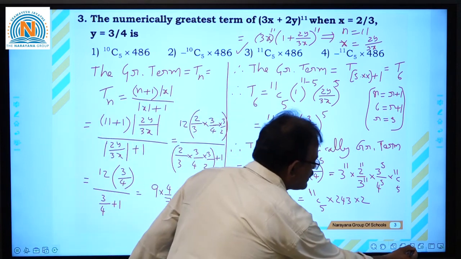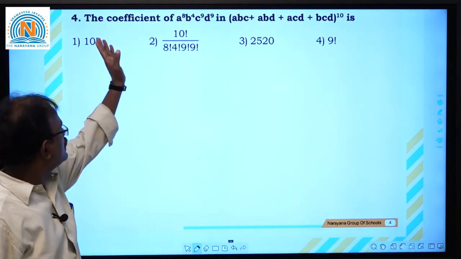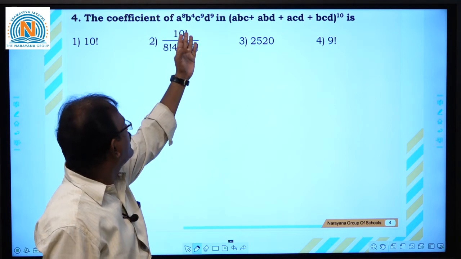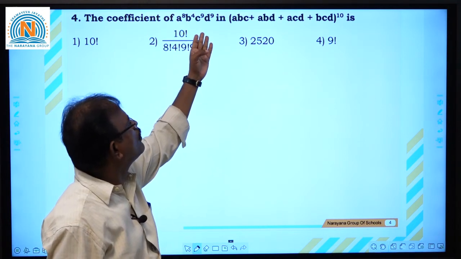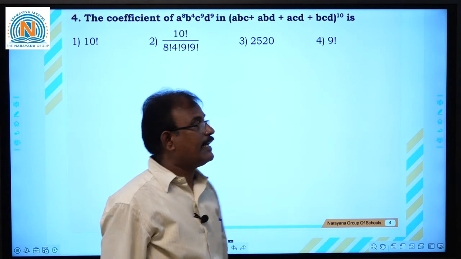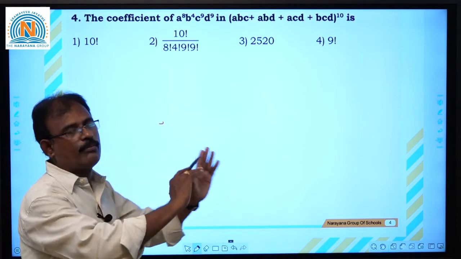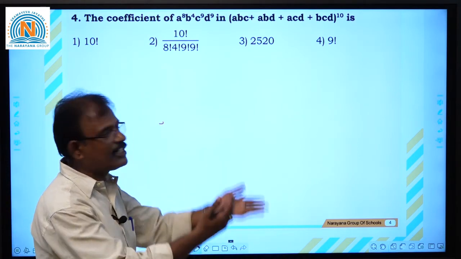So our next question is, what is the coefficient of a power 8, b power 4, c power 9, d power 9 in this expression? Actually, it is not with respect to the binomial theorem, children. It is with respect to the multinomial theorem.